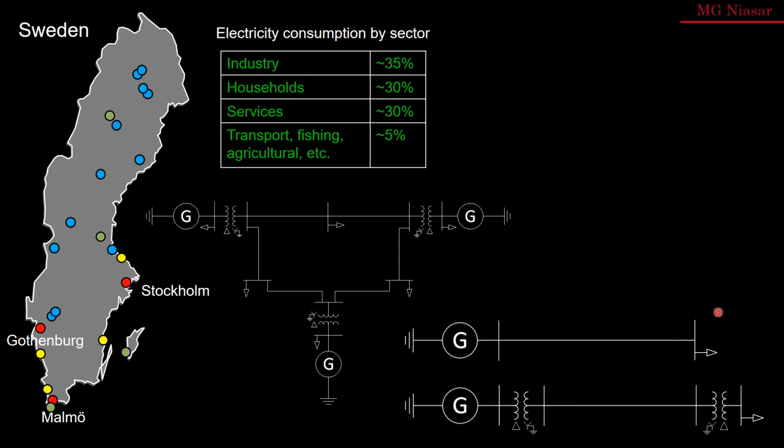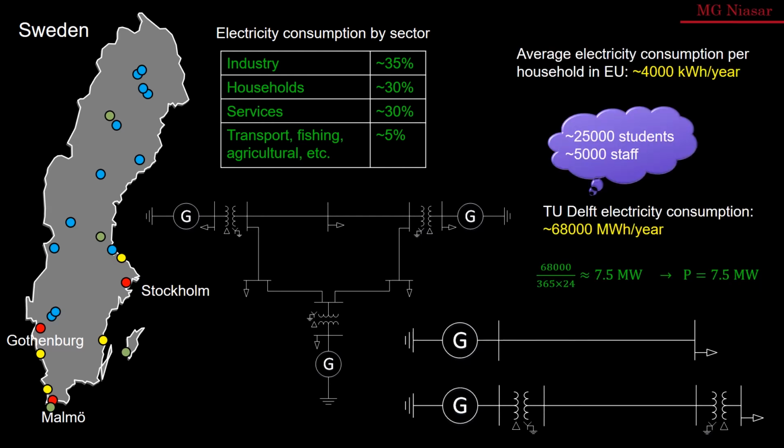To have some idea about the amount of consumption that we have here, let us look at the following information. Average electricity consumption per household in Europe is around 4,000 kilowatt hour per year. Here I have information of Technical University of Delft, which has around 25,000 students, 5,000 staff members, so totally 30,000 people.